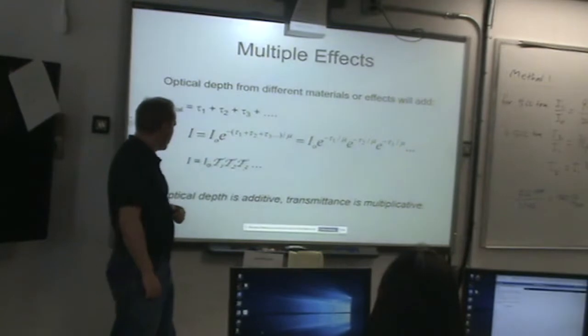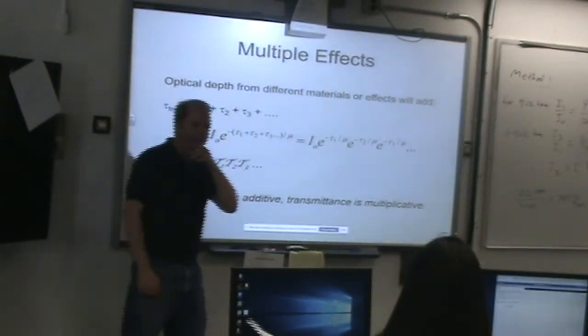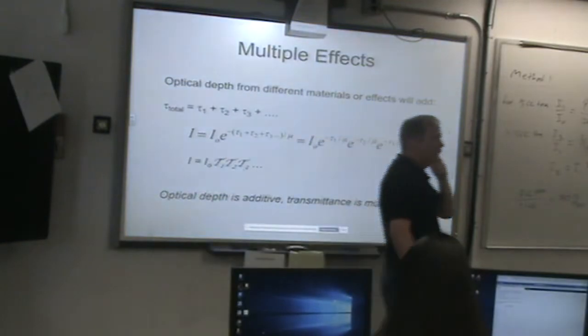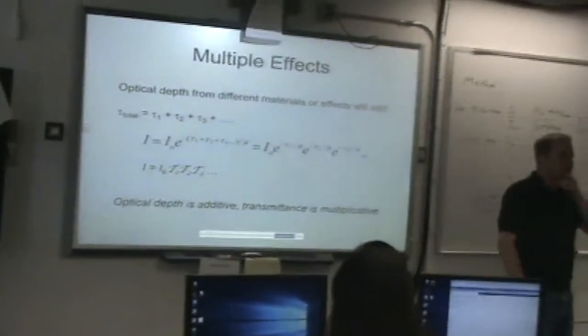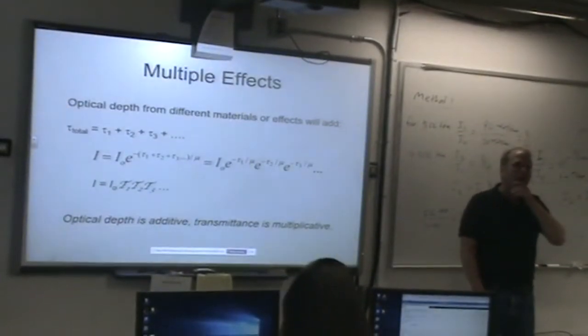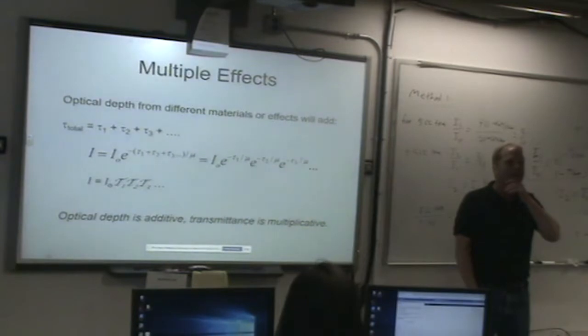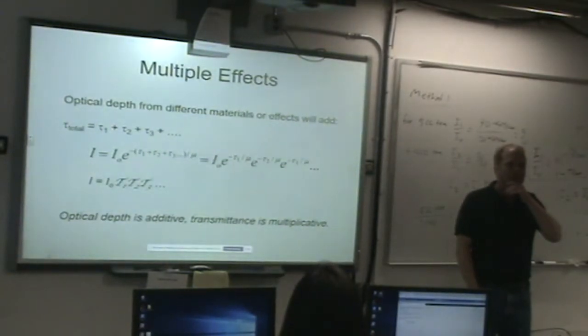Okay? The optical depth is additive, transmission is multiplicative. So if the tea lets 1/3 of the light through and the root beer lets 1/2 of the light through, how much light eventually gets through? 20%? No, you added.